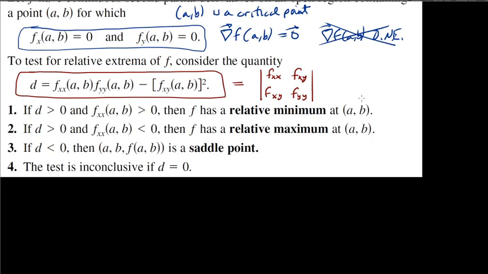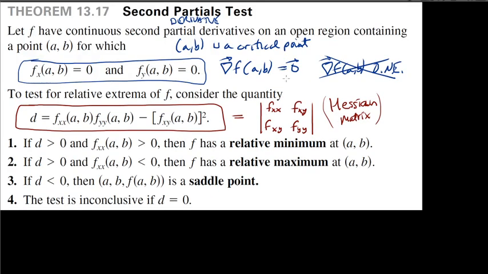In general, you get something called the Hessian, if I can spell it. So this is effectively the Hessian determinant, or the Hessian matrix in general. But we're not going to need that here. As long as you remember what D is, you'll be fine.